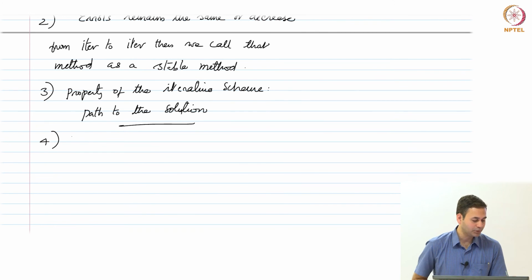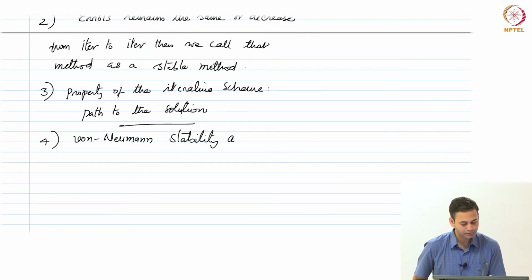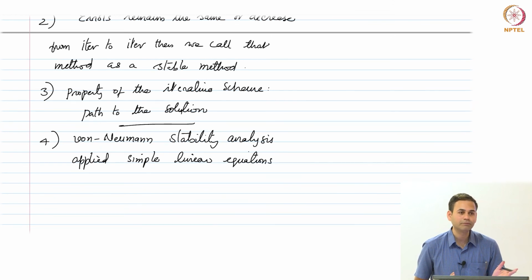There is one classic tool known as von Neumann stability analysis that can be applied to simple linear differential equations, which will tell you whether the particular scheme is stable or unstable.